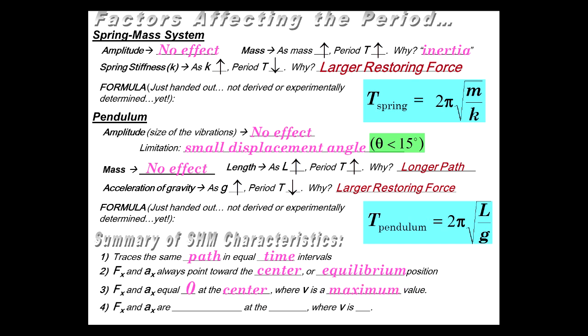And then the restoring force and the acceleration are maximum at the ends, and at the ends v is 0. So the force and acceleration are kind of like almost inverses of the velocity or the speed, or they switch roles at least at those extreme positions.